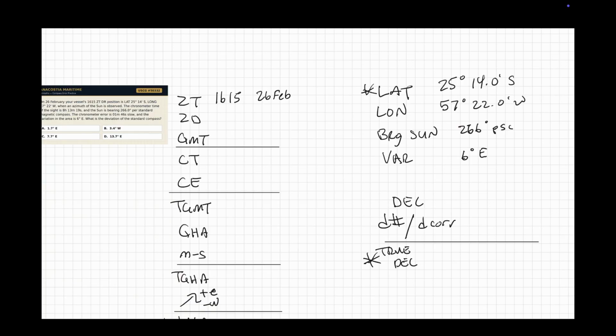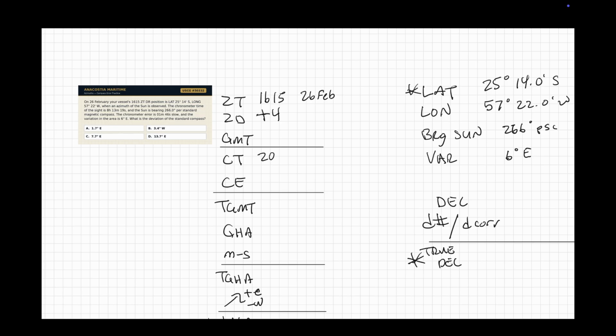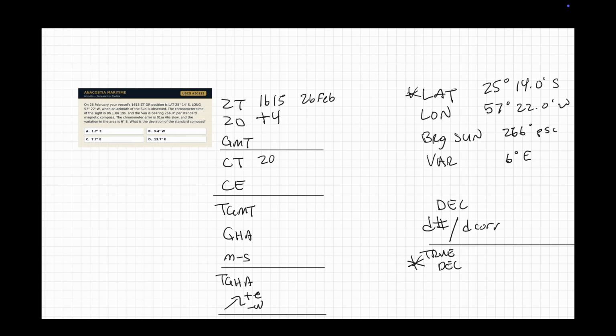Let's go over here and put +4. That would then give me 20 hours. All right. So now I can utilize my minutes from my chronometer time, which is 13 minutes. Okay. 19 seconds. All right.